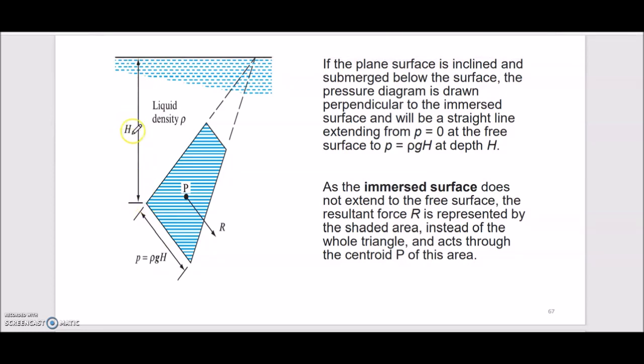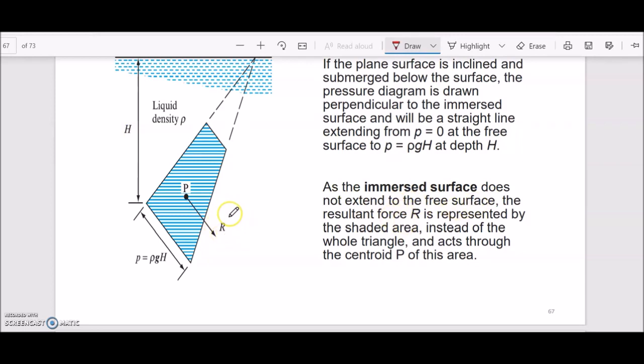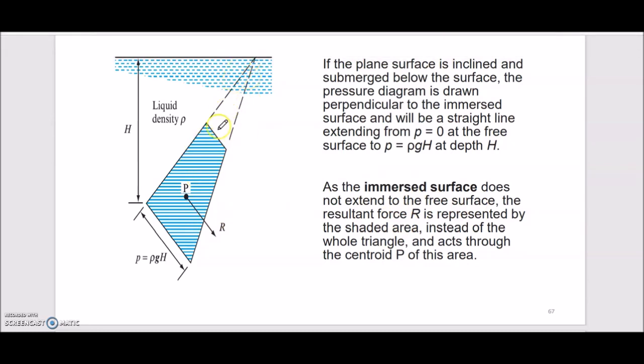As the immersed surface does not extend to the free surface, the resultant force R is represented by the shaded area instead of the whole triangle. So it will be represented by this trapezoidal area instead of the triangle area, and acts through the centroid P of this area.